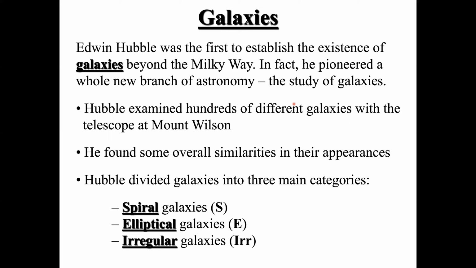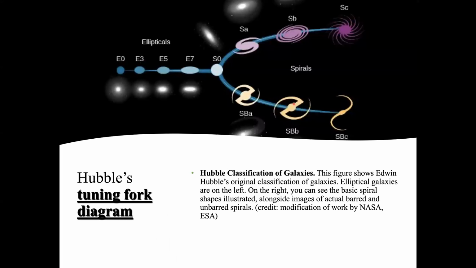And when he looked at these photographs, he found that there are some similarities in their appearances, right? From that, he divided the galaxies into three main types. We already discussed this: spiral, elliptical, and irregular. And after that, he made Hubble's tuning fork diagram by further classifying these galaxies into different subcategories, right?